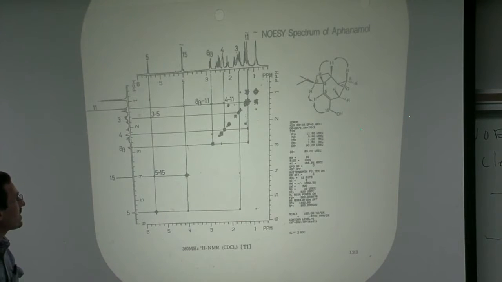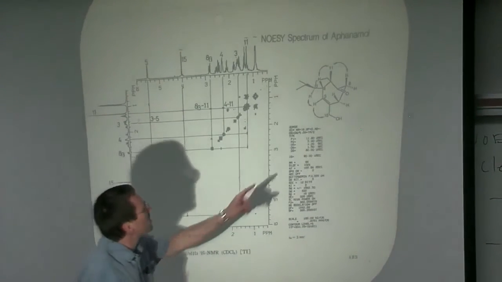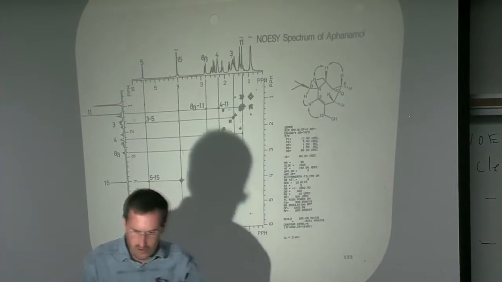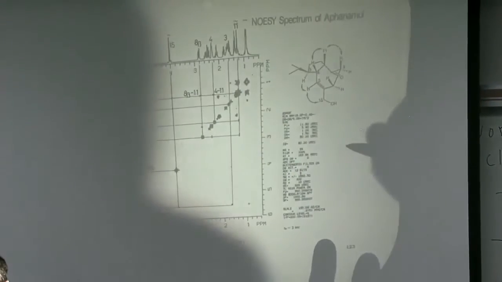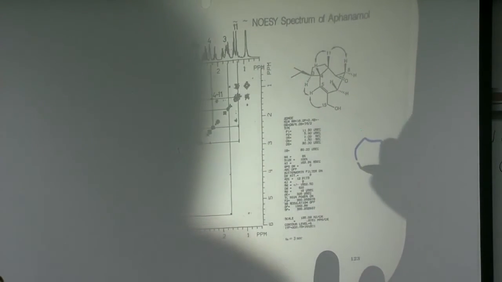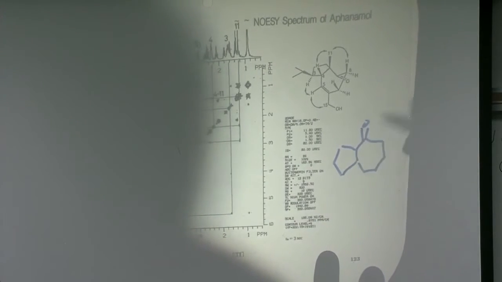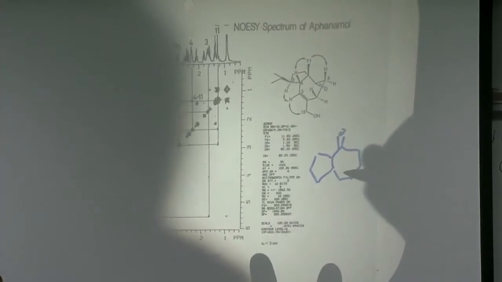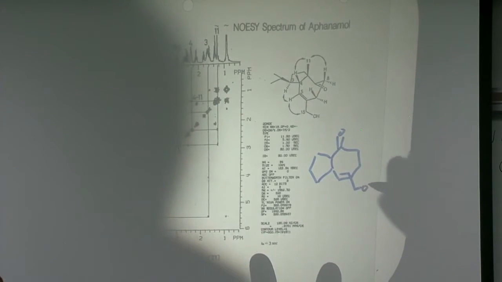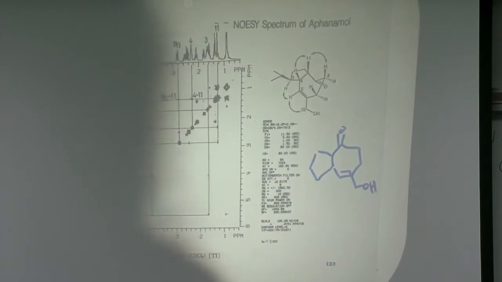And if you look at this, of course, what's cool is we have this 5-membered ring fused to a 7-membered ring. I'll draw it out flat just so you can see it. So we have an alkene here.